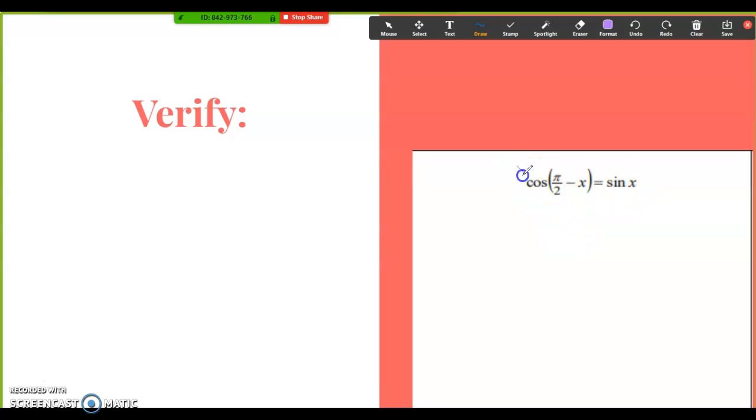So I see immediately the left side is our difference identity for cosine. So I'm going to go ahead and use that and expand this out.